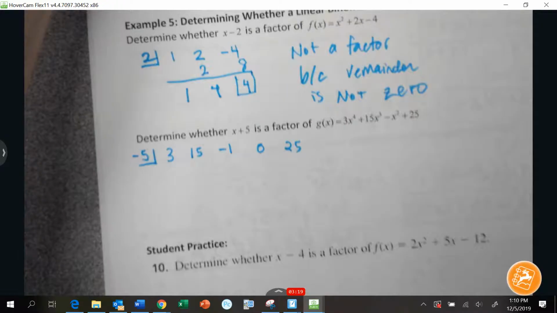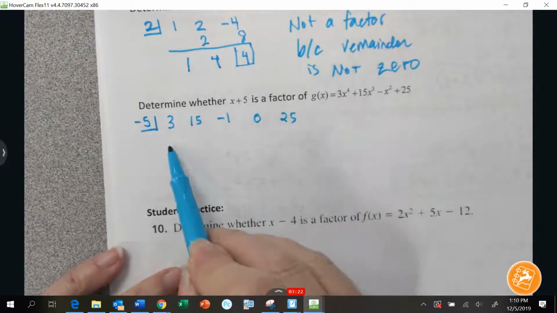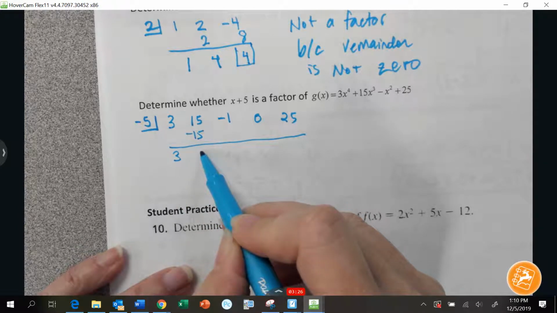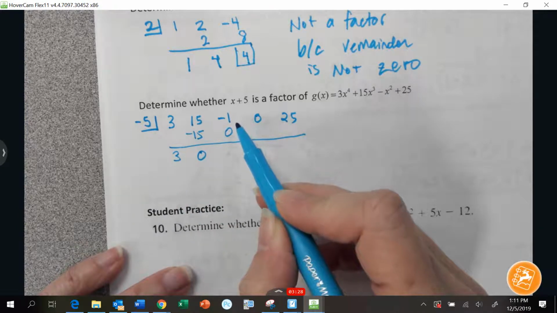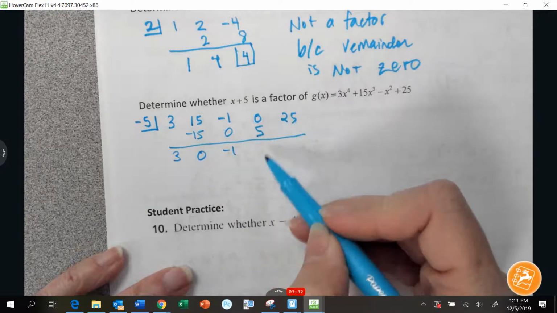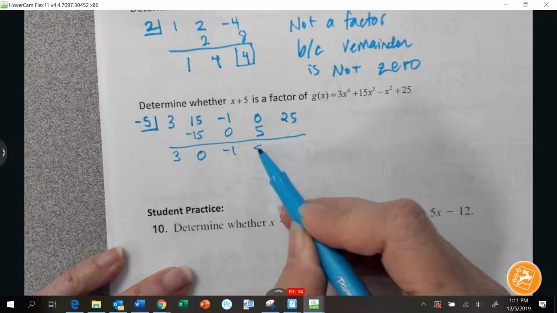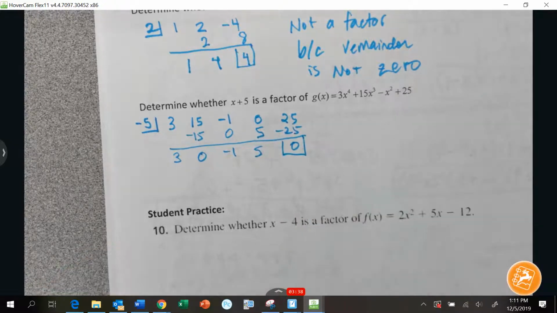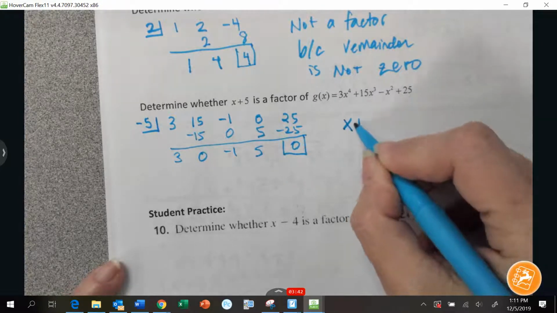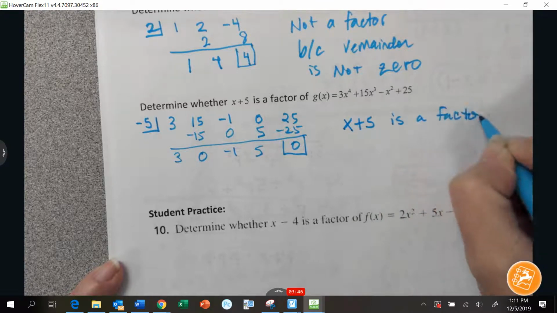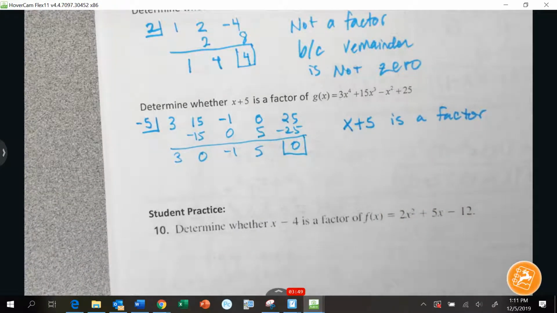Then we're going to do our synthetic division. So bring down the 3, multiply, get negative 15, add, 0. Multiply, get 0, add, negative 1, multiply, get 5. Add, I get 5, multiply, I get negative 25. Add, I get 0. What does that tell me? x plus 5 is a factor because the remainder is 0.